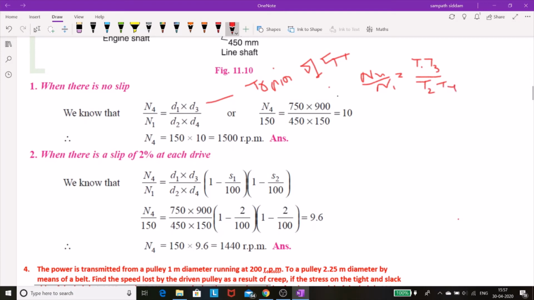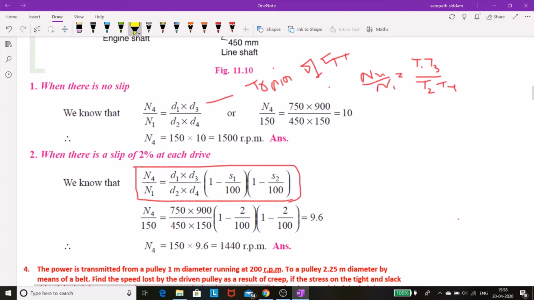From this relation itself we have got this, so N4 is known directly. This is without slip. If suppose there is a slip, then this is a relation which you need to remember. It's very, very important.